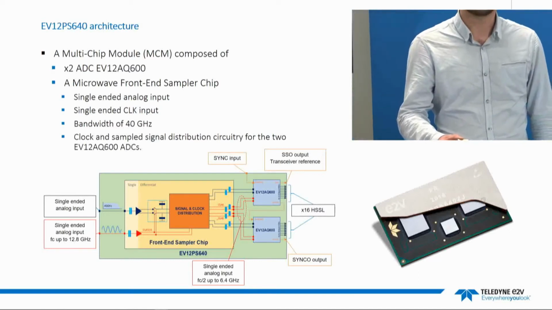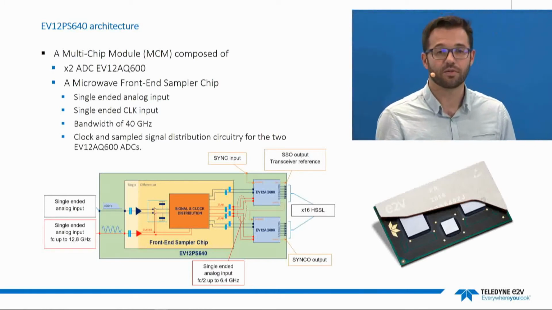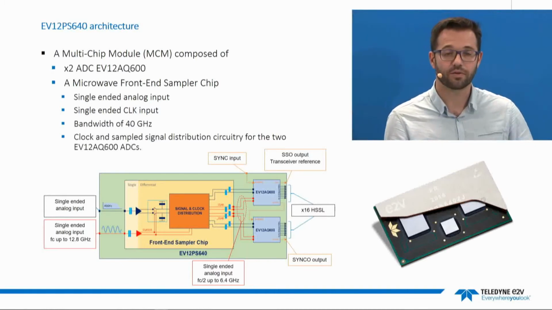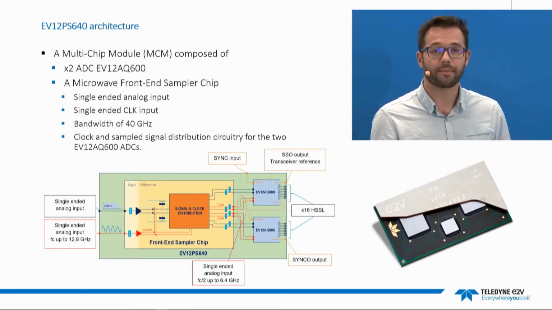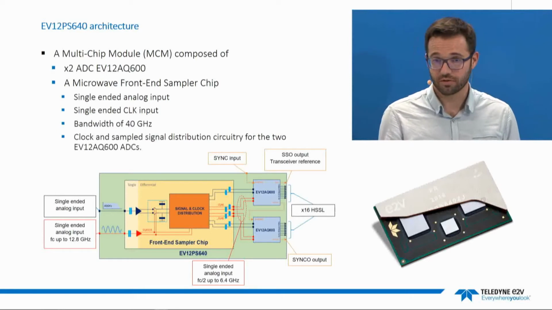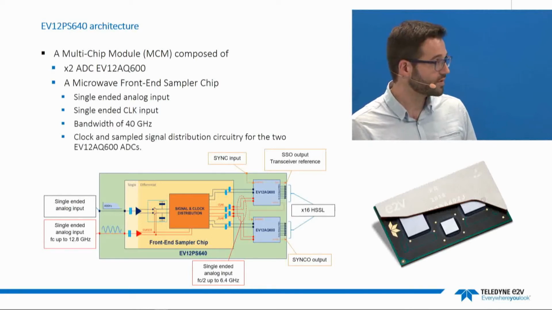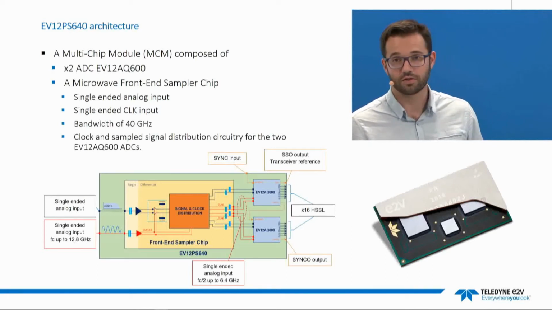But there is not only this benefit. The front-end sampler, which is the third die, also provides clock and signal distribution circuitry to provide signal and clock to the 2 ADC dies just behind. In the future, this is the first step before the next generation of ADC.